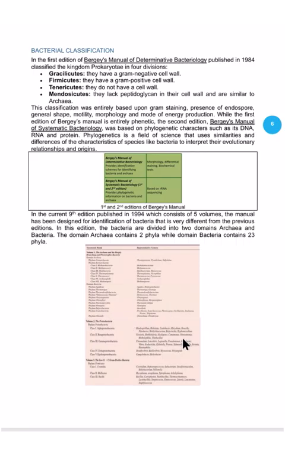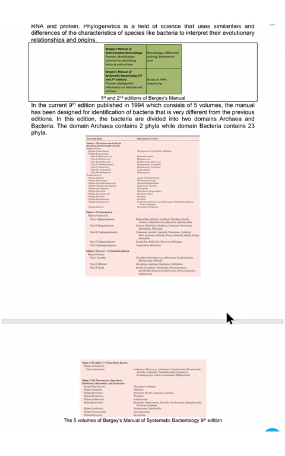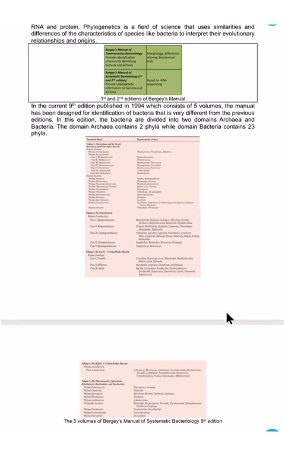I'm just putting here shots or copies of the manual just to show the phyla. But of course, these are the different volumes, very large volumes, and usually found in all of the bacteriology labs to help in the identification of the bacteria.